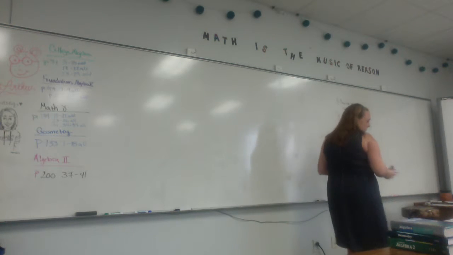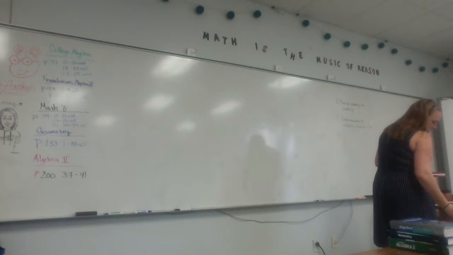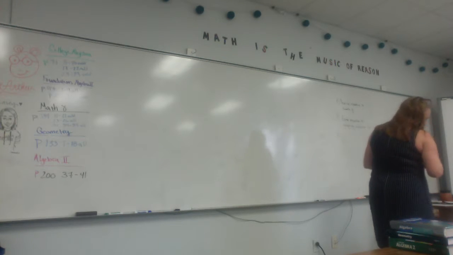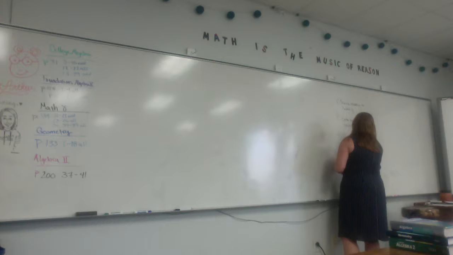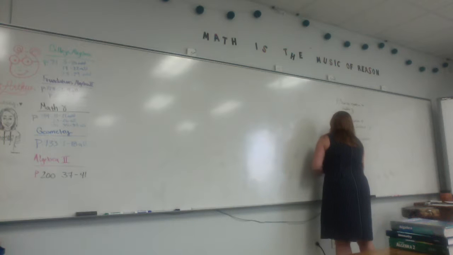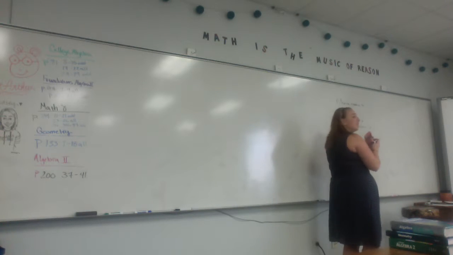The third step is to set your viewing window. This is the step everyone hates and they get frustrated with. We're going to talk about how to do that. And then the last step is to simply graph the equation. You have to hit the button that says graph.